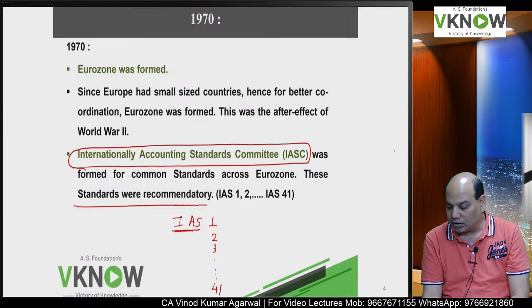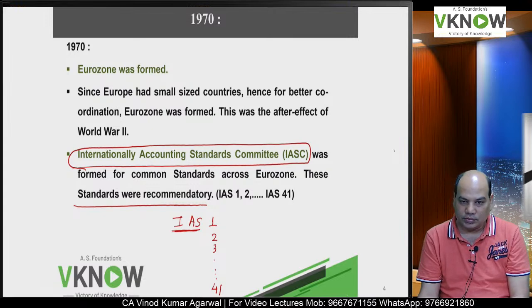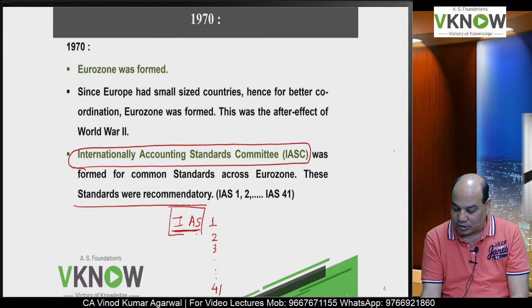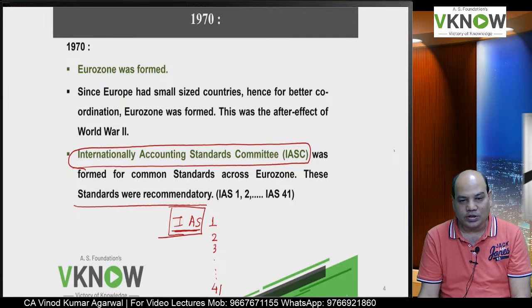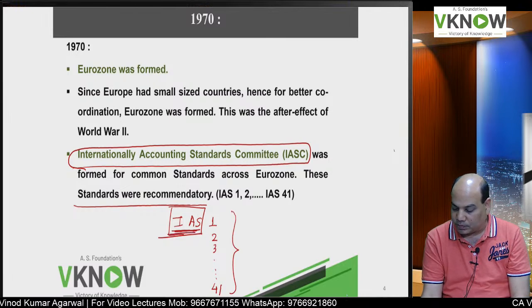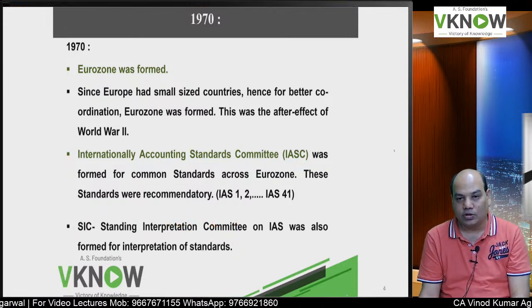So IAS stands for International Accounting Standard. Okay, in India it is also what is that? Indian Administrative Service, but it is International Accounting Standard here, and with that background they started. The prefix was IAS, and there was one interpretation committee also.